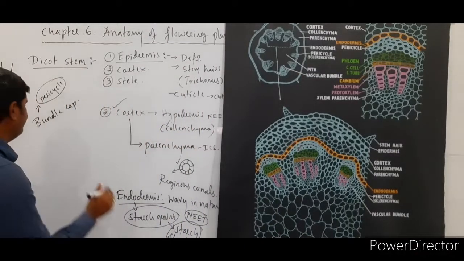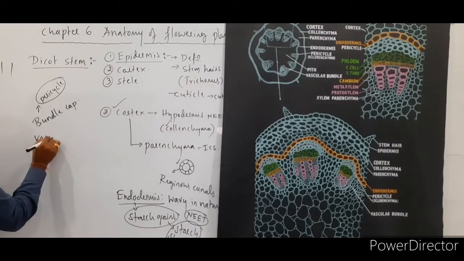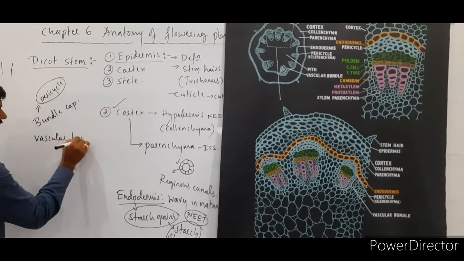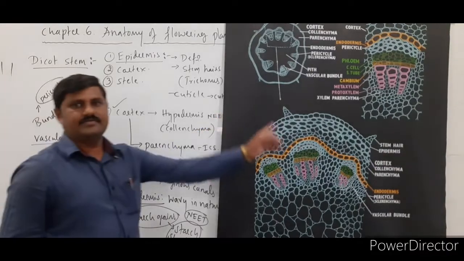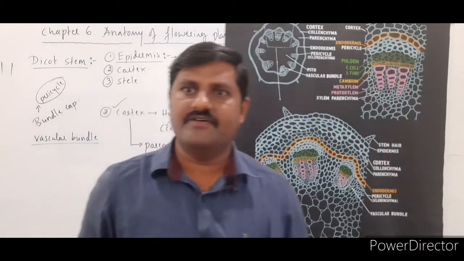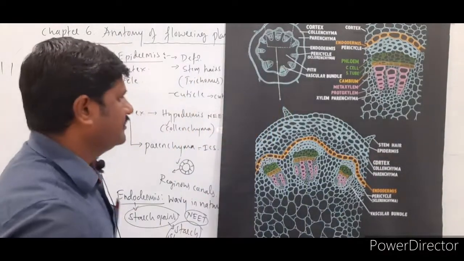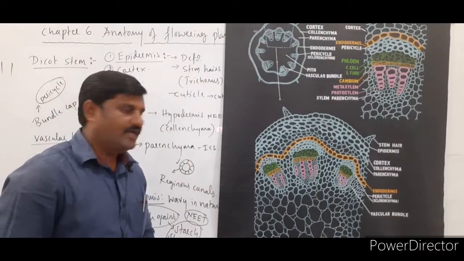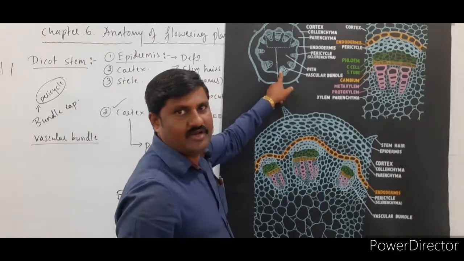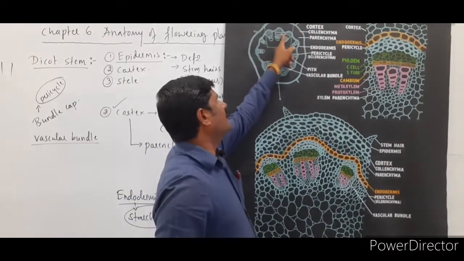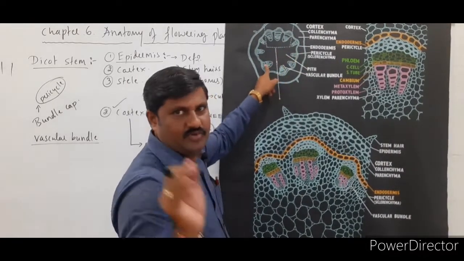What kind of vascular bundle is seen in the dicot stem itself? What is the arrangement of the vascular bundles? In the ground plan you are observing the vascular bundles are arranged circularly, which is more important.